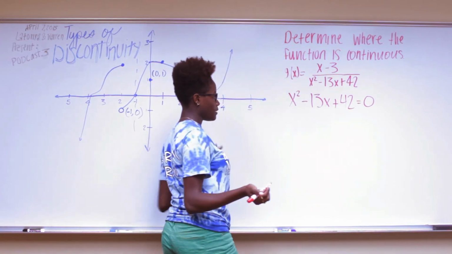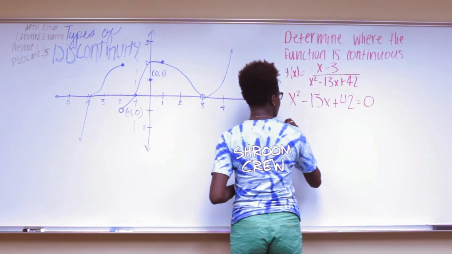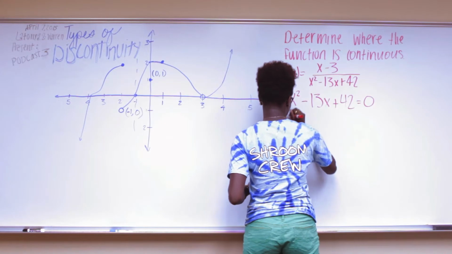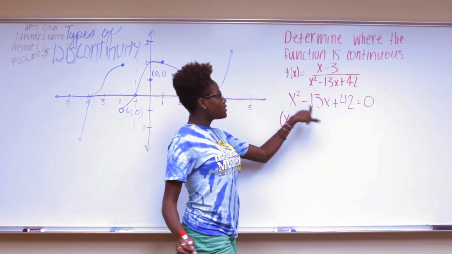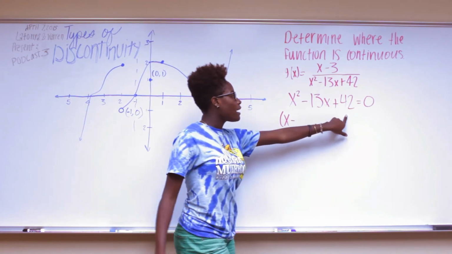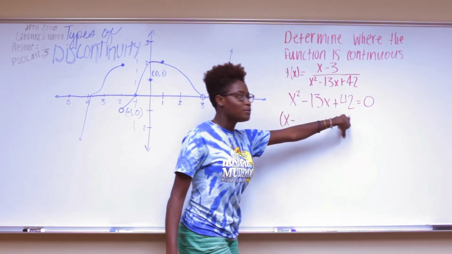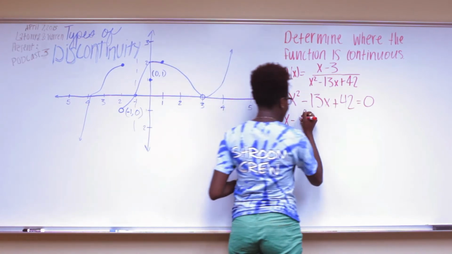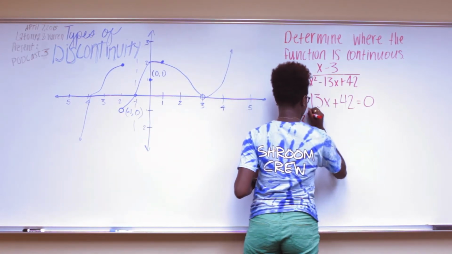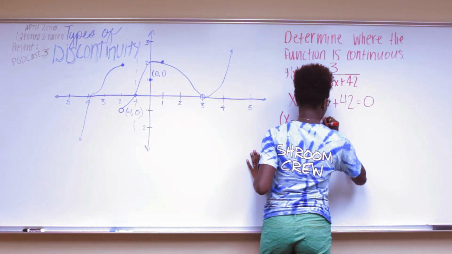So how do we do that? Easiest thing to do is to factor. Since we see that this is a binomial function, two numbers that add to 13 and multiply to positive 42 are negative 7 and negative 6.